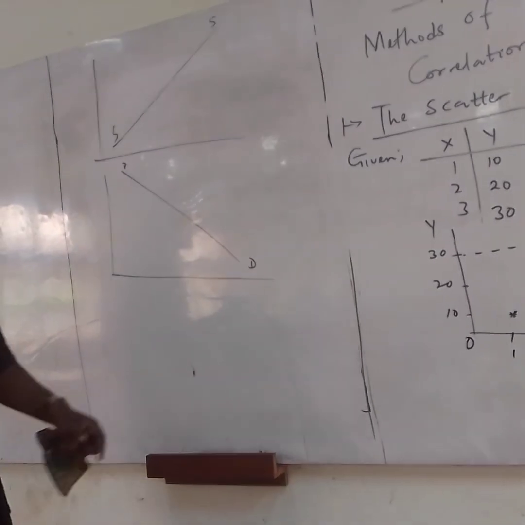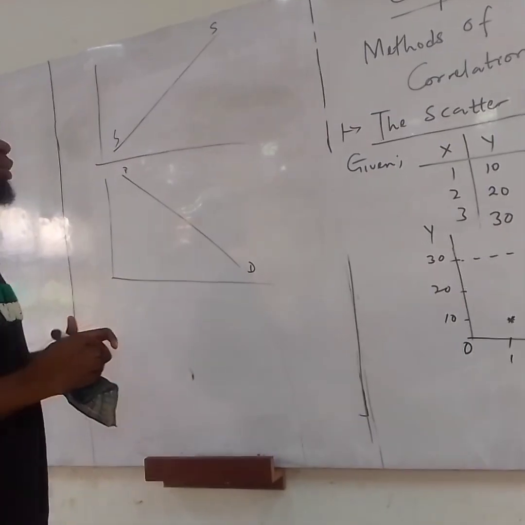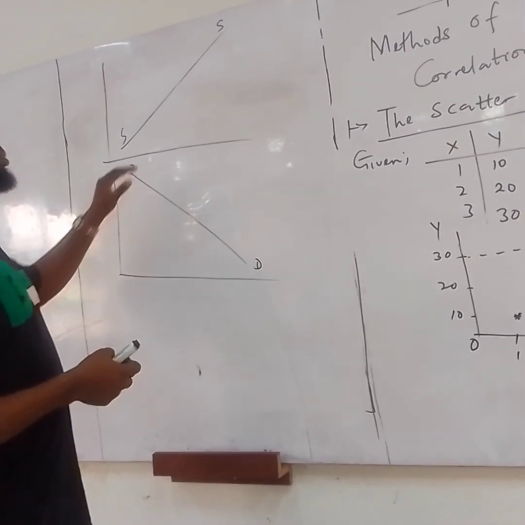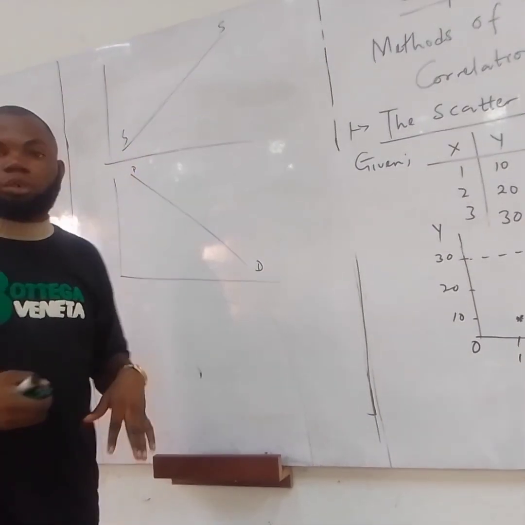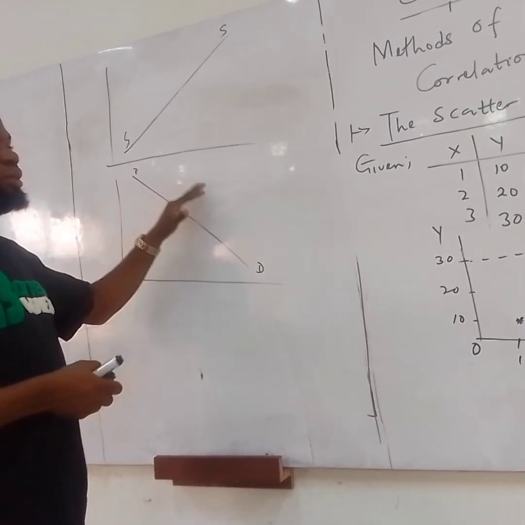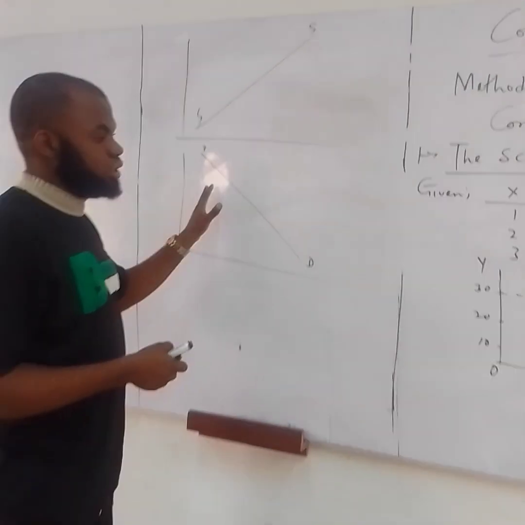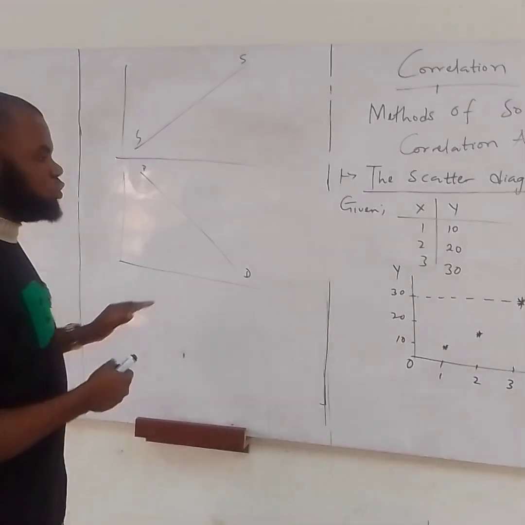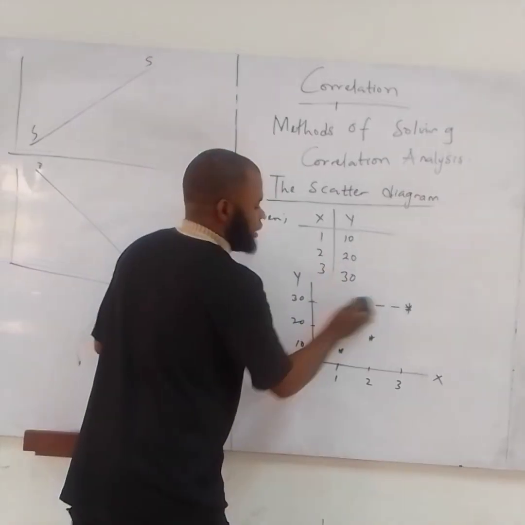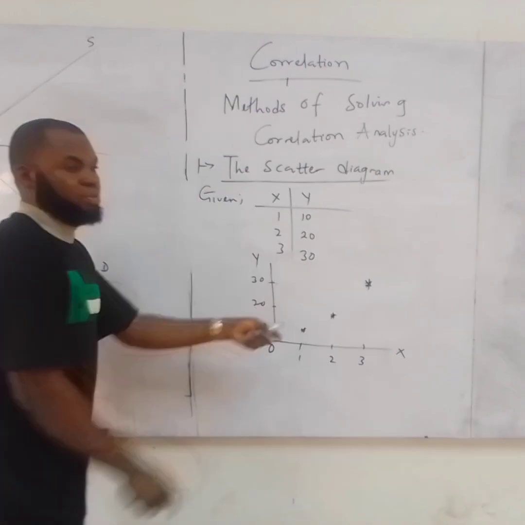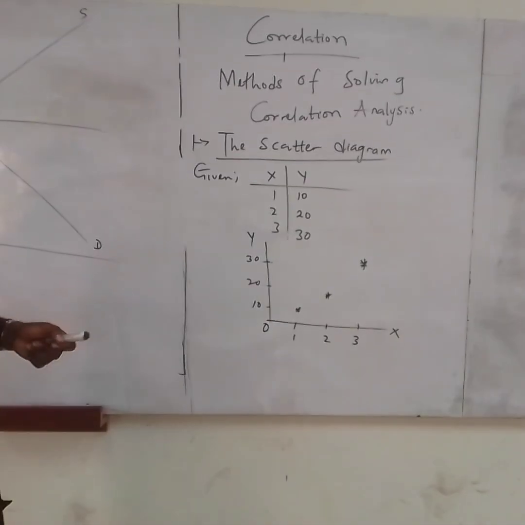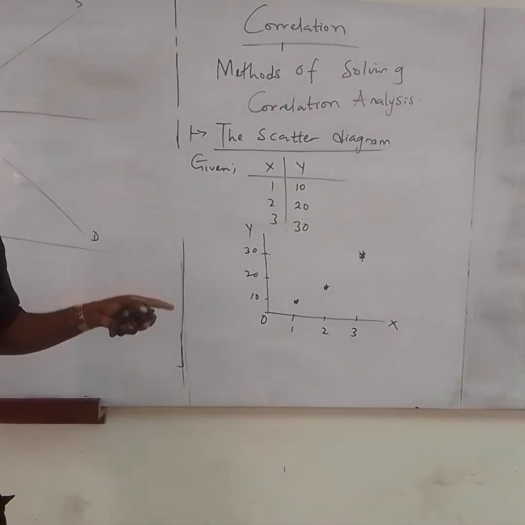For economics students, a supply curve shows a positive relationship, while a demand curve shows a negative relationship. So if I'm to interpret my results based on what I have here, I'm having a perfect positive relationship.